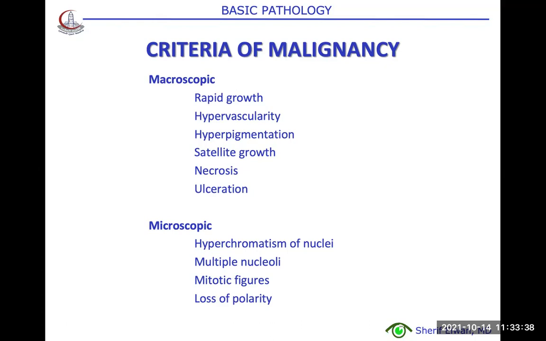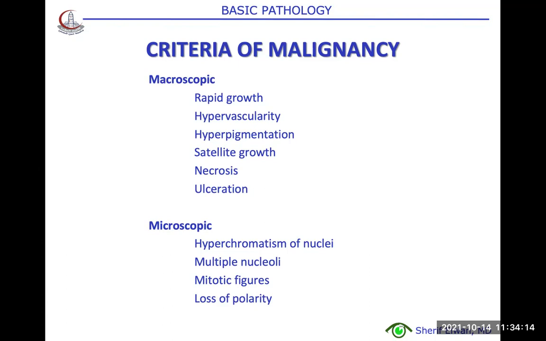Hyperpigmentation, a lot of pigmentation of different types. Growth around the main mass, that is satellite growth. This very rapid growth that outweighs the vasculature leads to necrosis and ulceration. So macroscopically, the characters of malignancy are rapid growth, hypervascularity, hyperpigmentation, satellite growth, necrosis, and ulceration.